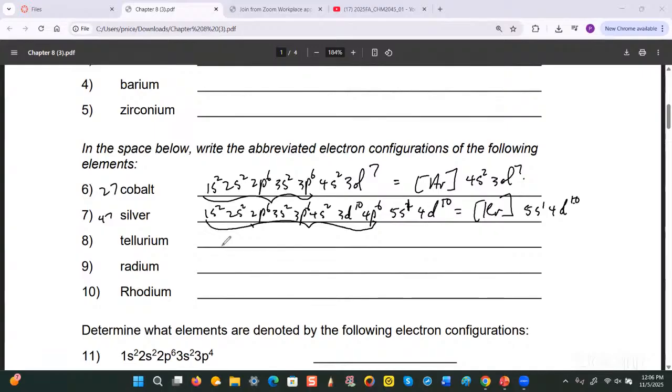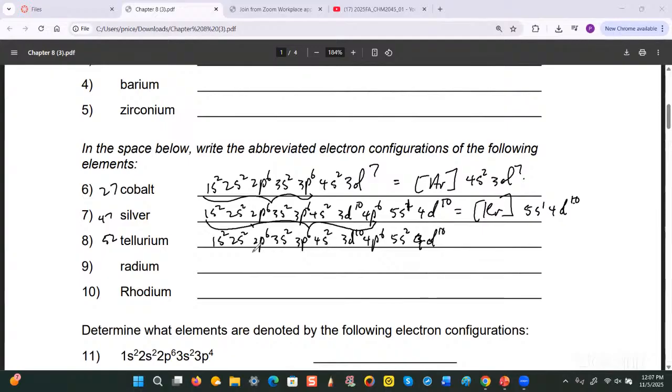Okay, tellurium. What's the atomic number of tellurium? 52. Okay, so 1s2, 2s2, 2p6, 3s2, 3p6, 4s2, 3d10, 4p6, 5s2, 4d10.